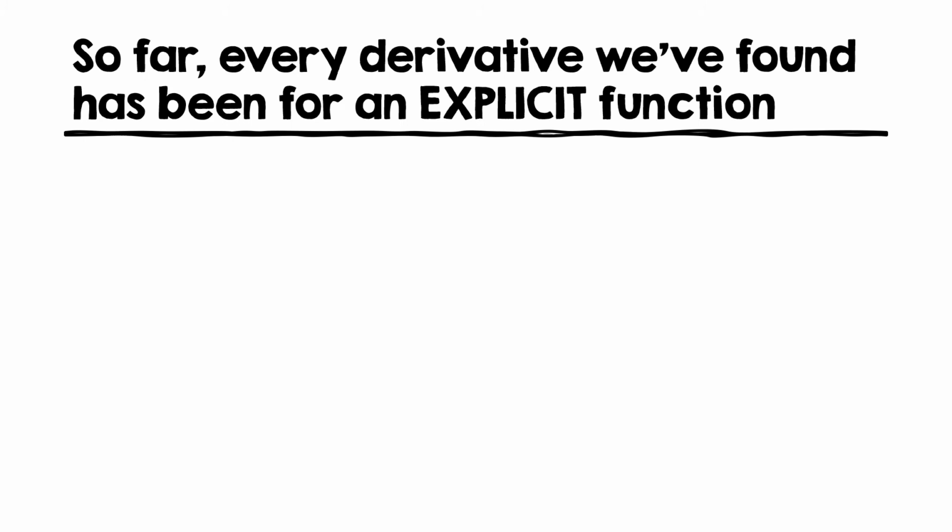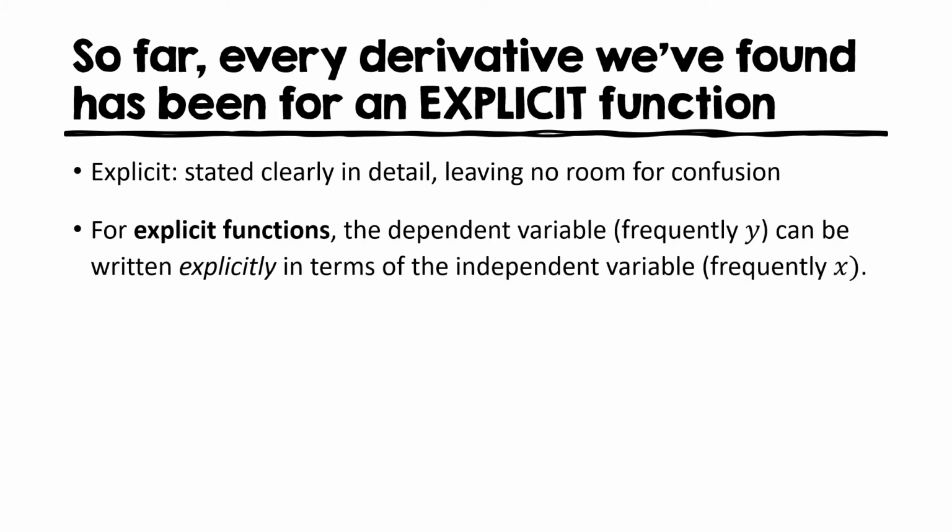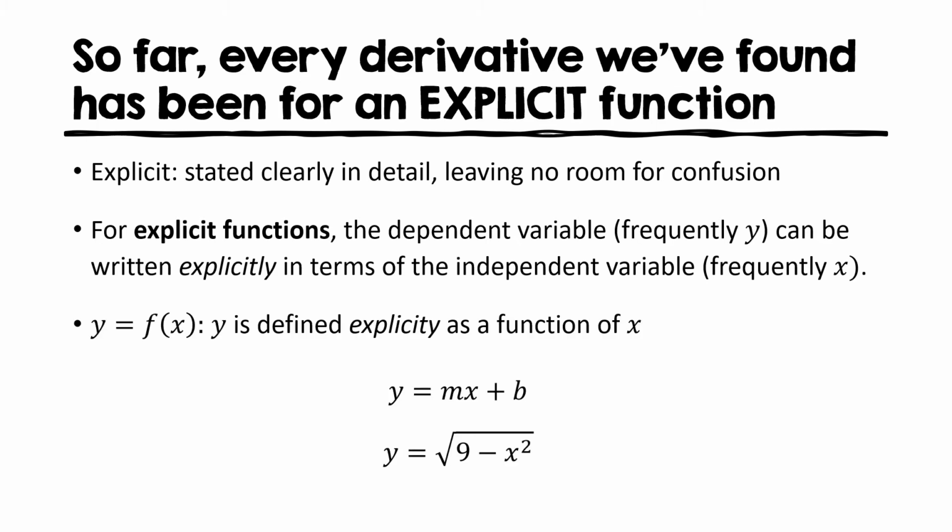So far, every derivative we've found has been for something called an explicit function. So if we just think about the general definition of explicit, it means stated clearly, in detail, leaving no room for confusion. For explicit functions, the dependent variable, which is usually y, can be written explicitly, so clearly with no room for confusion, in terms of the independent variable, which is frequently x.